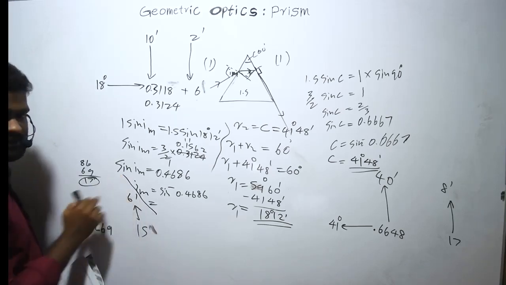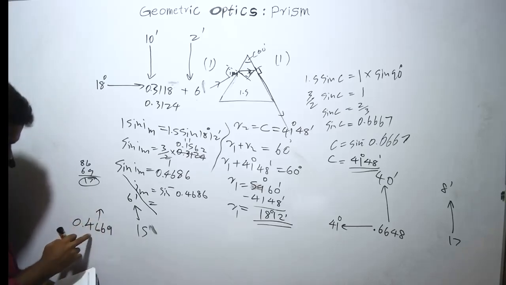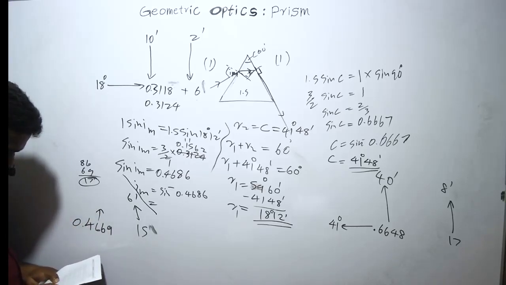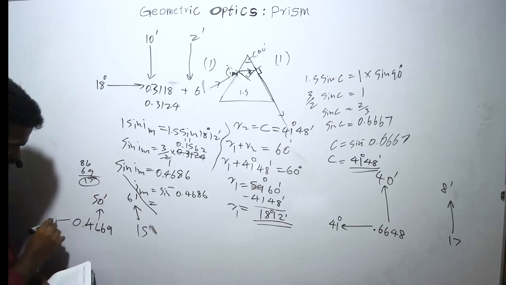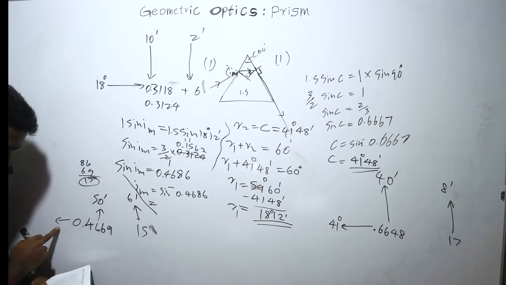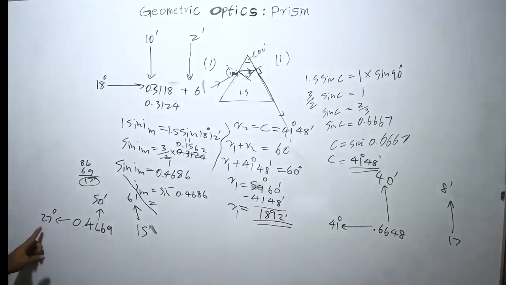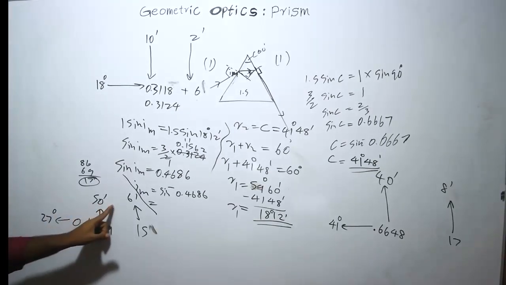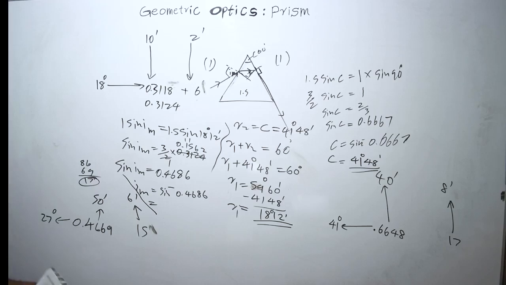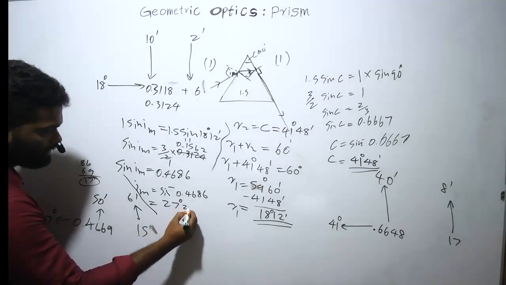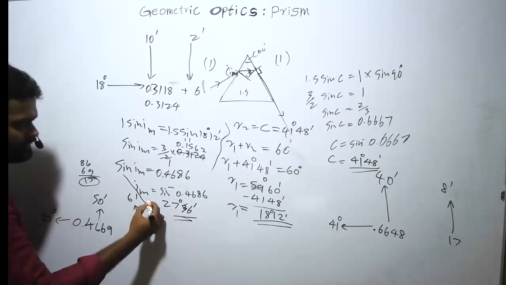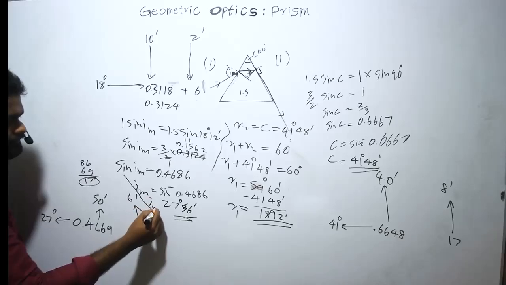Here we have 6 minutes. From this one we have 50 minutes. Then the degree amount is 27. Okay. So 27 degrees 56 minutes. So this is how we find Im.